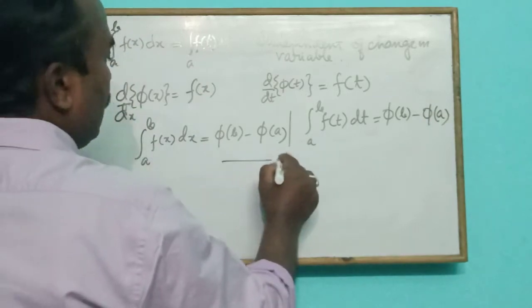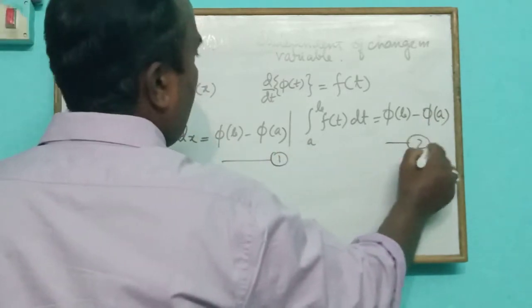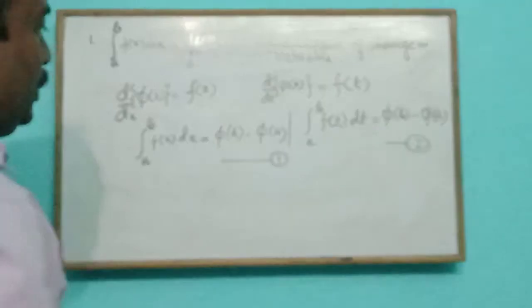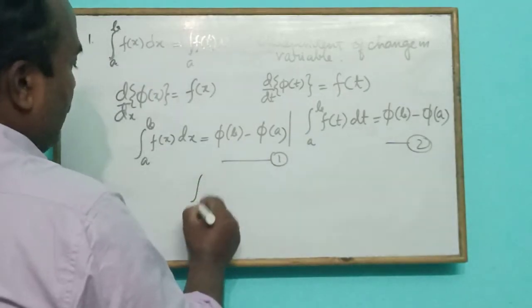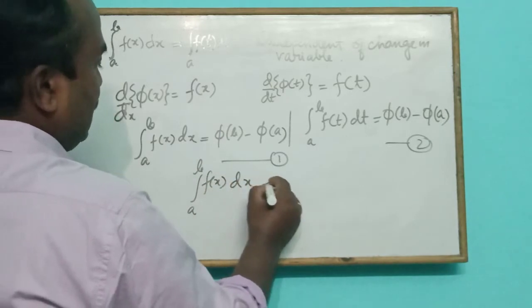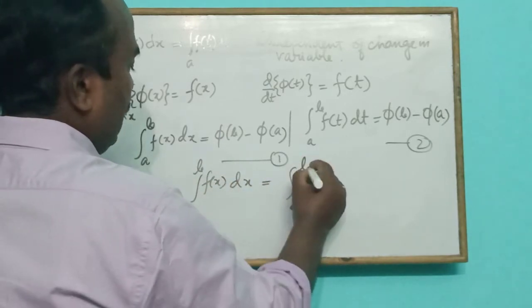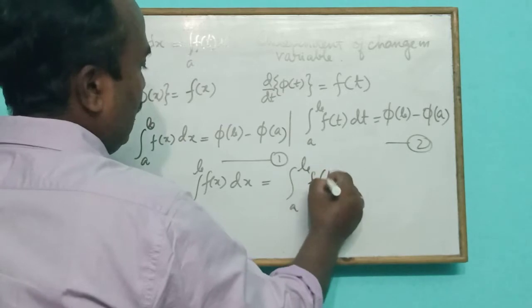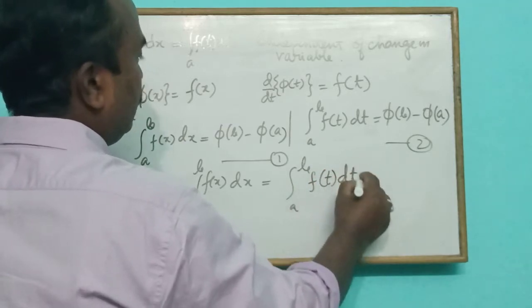So comparing 1 and 2, our property is proved. So integral a to b f of x dx is the same as integral a to b f of t dt.